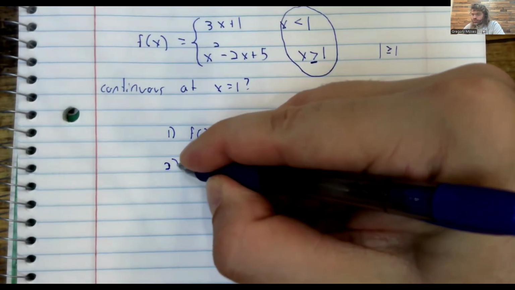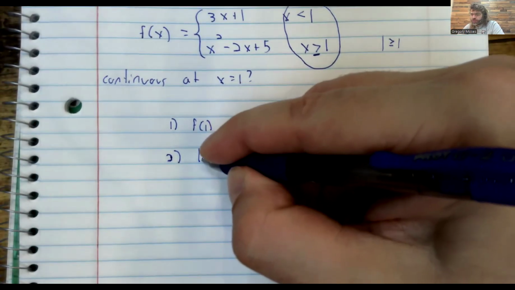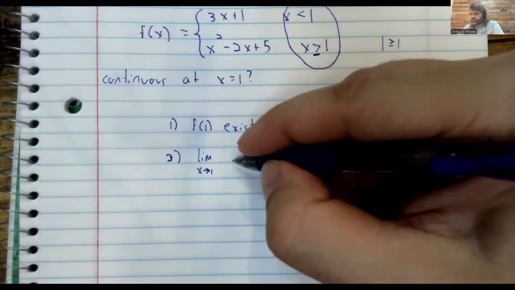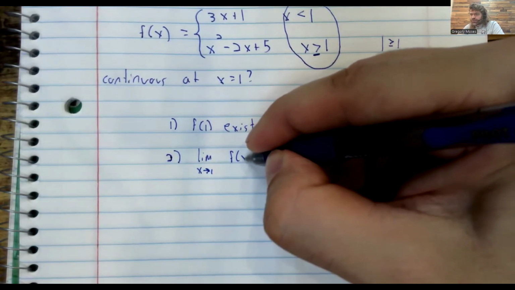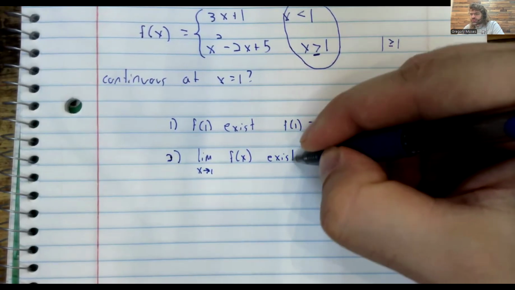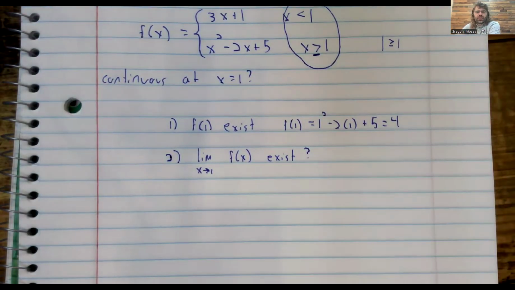And now here's where things get more interesting. We need the limit as x approaches 1 of f of x to exist. And if we're talking about the two-sided limit, it's maybe hard to just look at this and know.